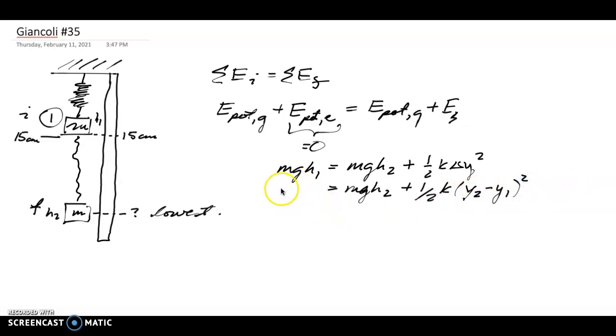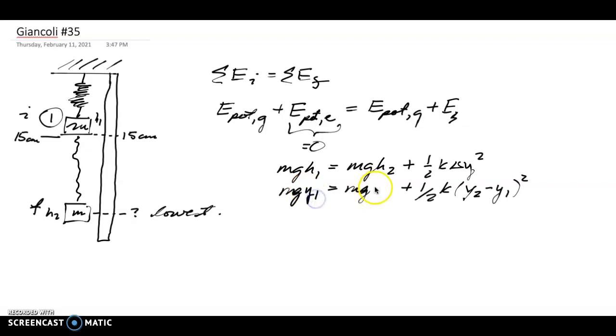So I now have everything I need to solve this. I want to find the distance. Because I'm also calling it h, I'm actually going to call this y1 and y2.